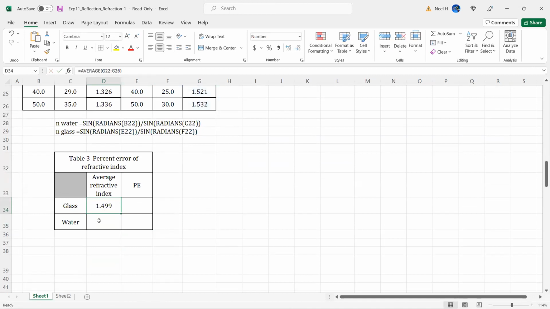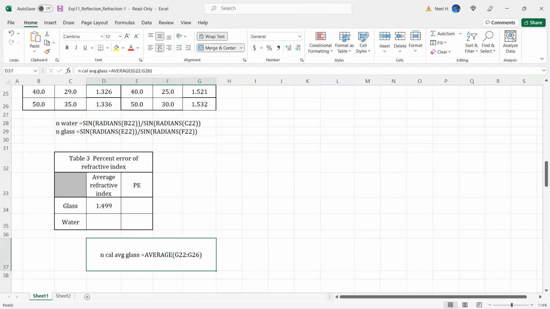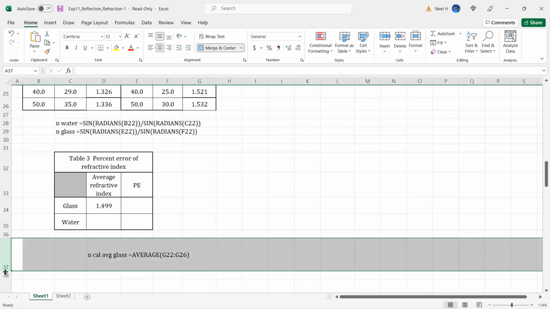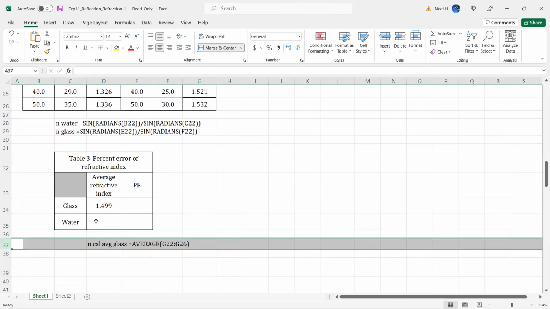Average value is very good. We're expecting 1.5, we're getting about the same number. This is the calculated average for glass. And then we'll do the same for water.